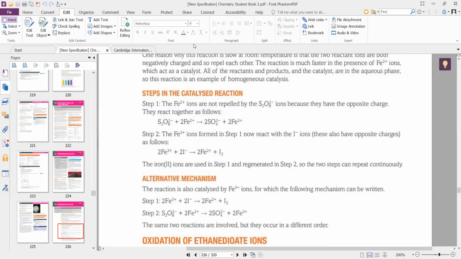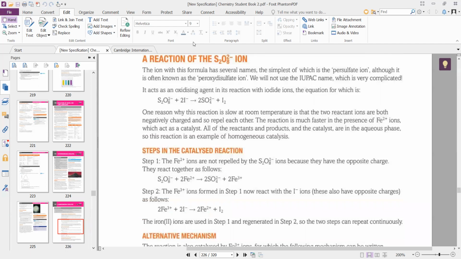Now here what will happen? S2O8 2- will react with I- to form SO4 2- and I2. Those are two negative particles. Negative particles and negative particles repel each other, right? Therefore, they will have high activation energy and it is difficult to react. Therefore, you use a third party, that is Fe2+.